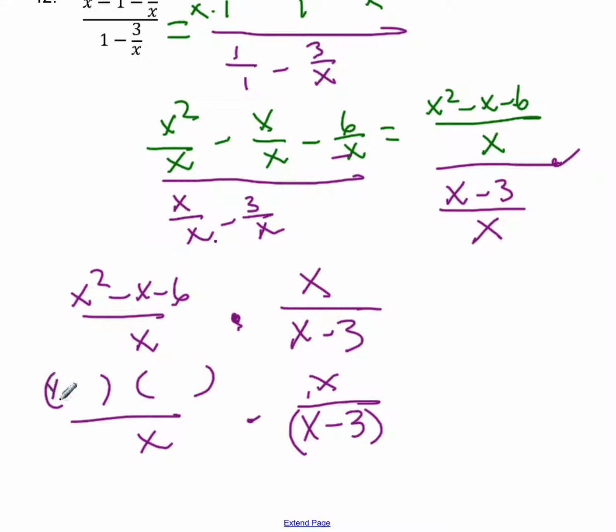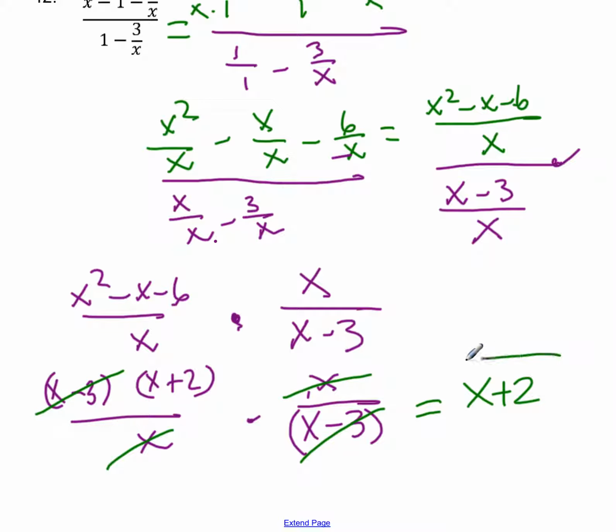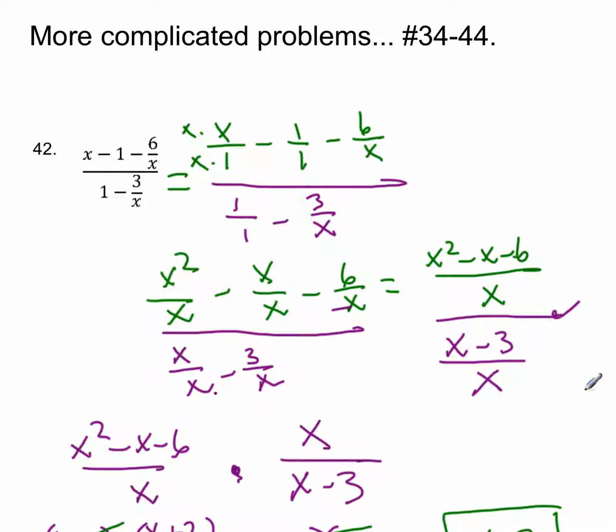Up here, I'm going to have x, and I need to do that. It's going to be 3 and 2, and it's going to be a negative 3 and a positive 2. And now I look for canceling, so this cancels, and this cancels, and this cancels, and this cancels, and what do I get? X plus 2. So it's amazing how simple the answer is after all that work.